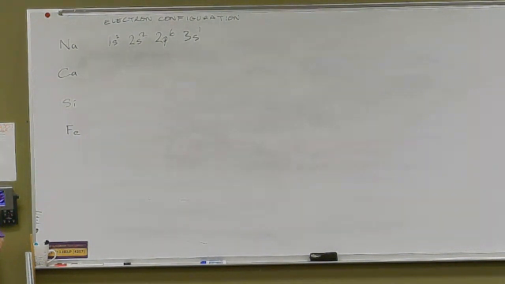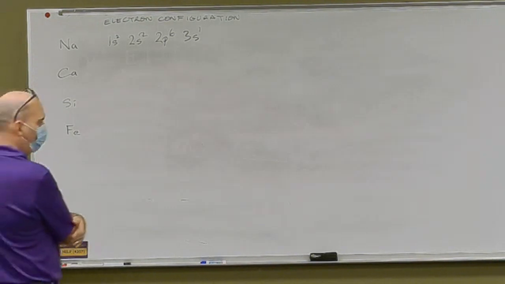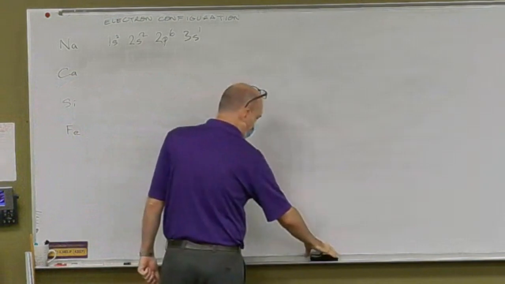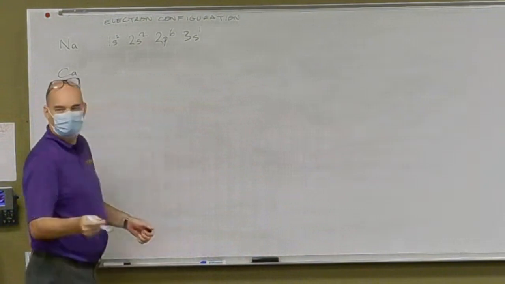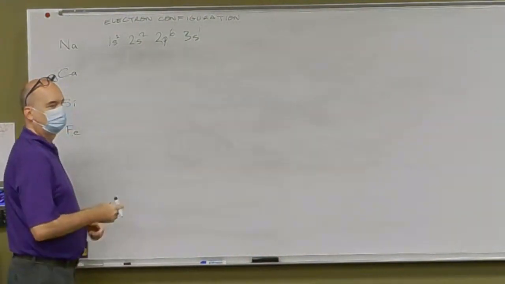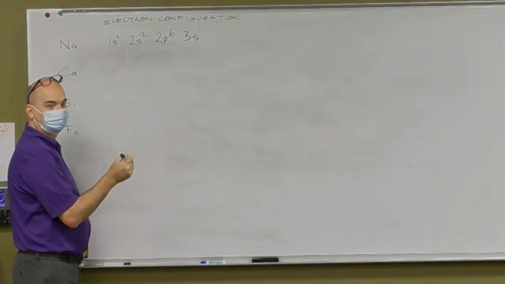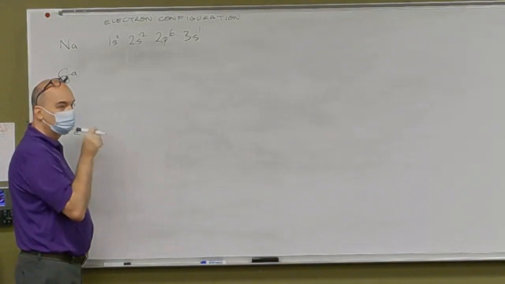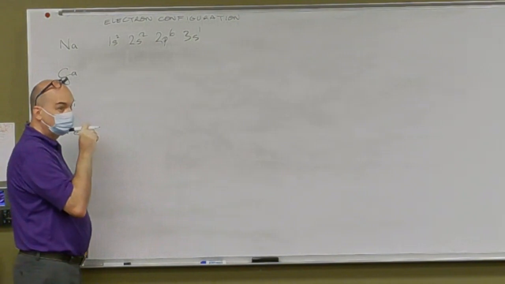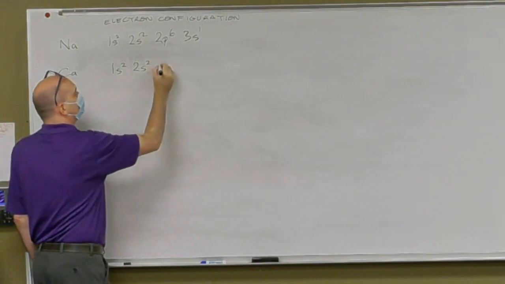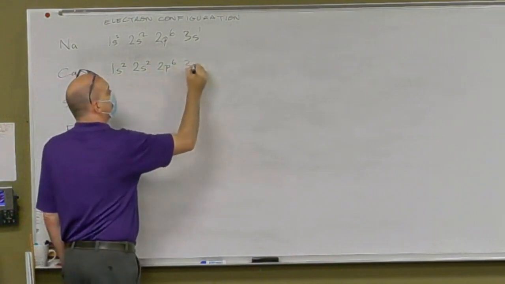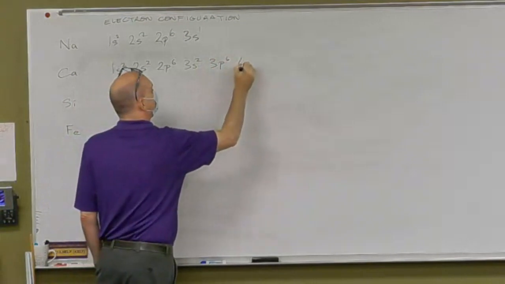I'm not going to allow you to do that. I want the whole thing. This is a training exercise, right? After this, you can do it. You can do it in chemistry too, but not in chemistry 1. What's the answer? Calcium: 1s2, 2s2, 2p6, 3s2, 3p6, 4s2.